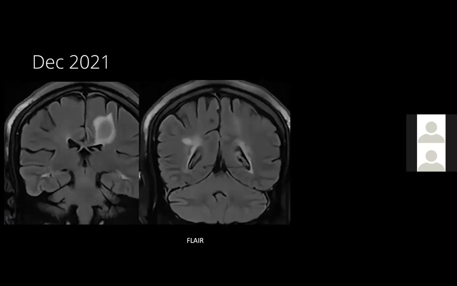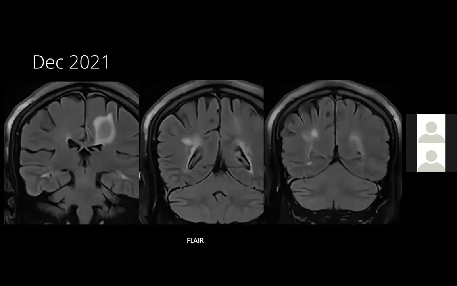You can see another lesion in the right periventricular white matter with perpendicular orientation, and another lesion with ovoid, sharp circumscribed margins. This patient also had a juxtacortical lesion in the right temporal lobe that we picked up on the coronal scan.